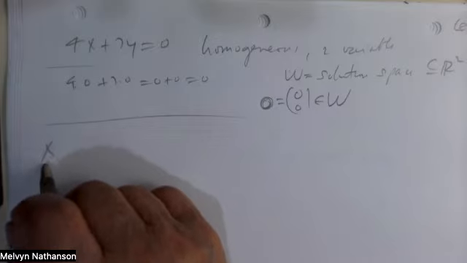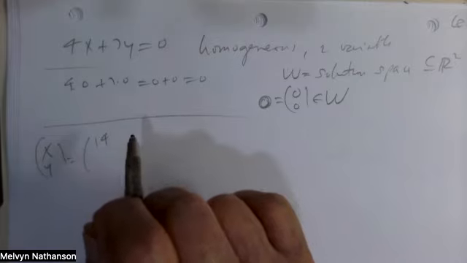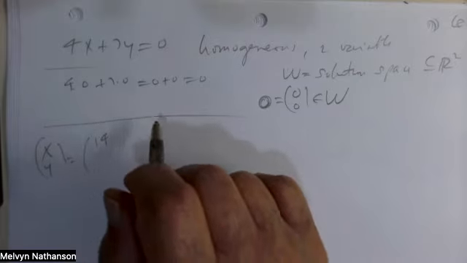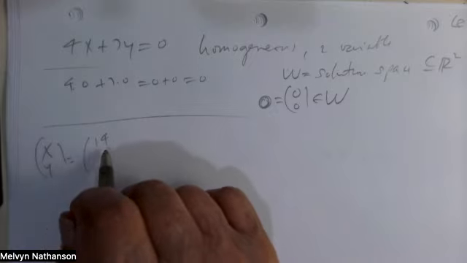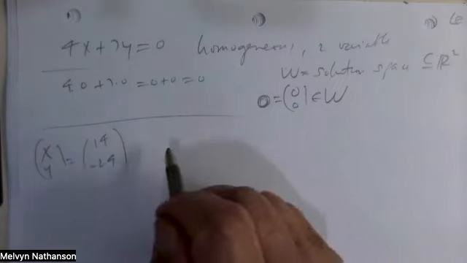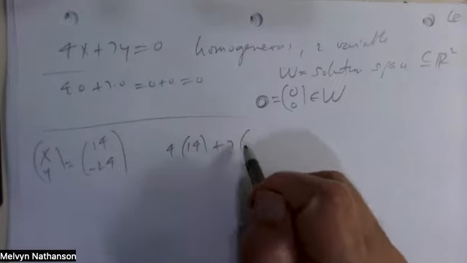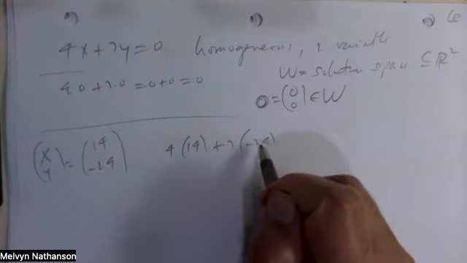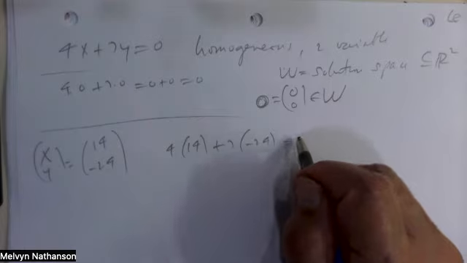Suppose I take the vector x, y equal to 14, minus 8.